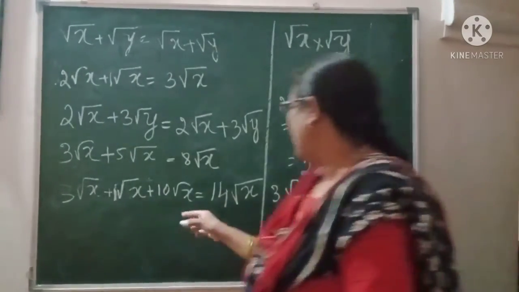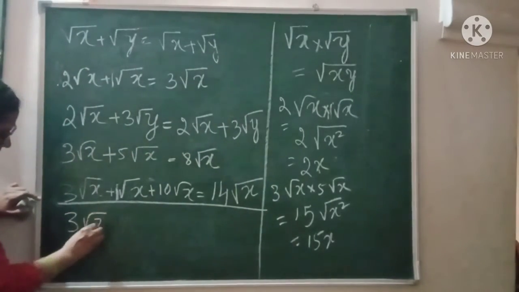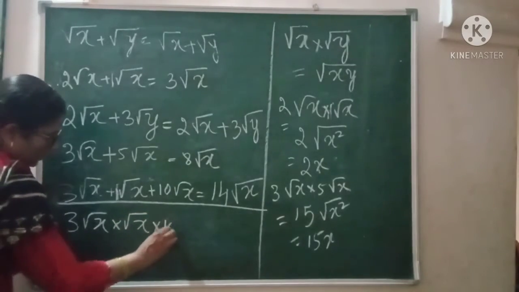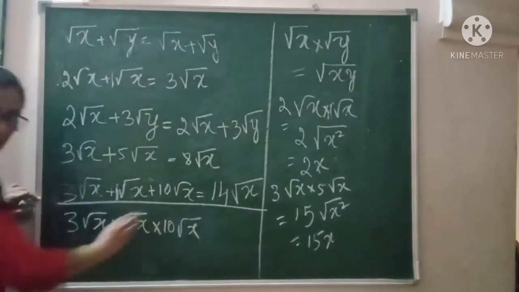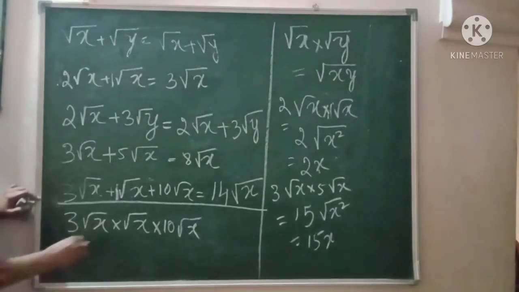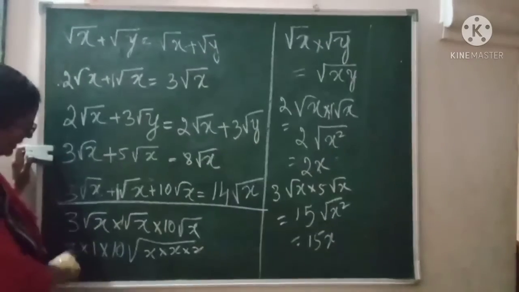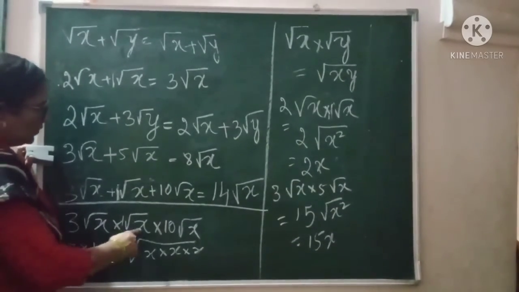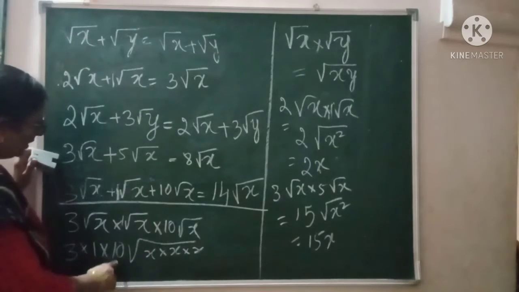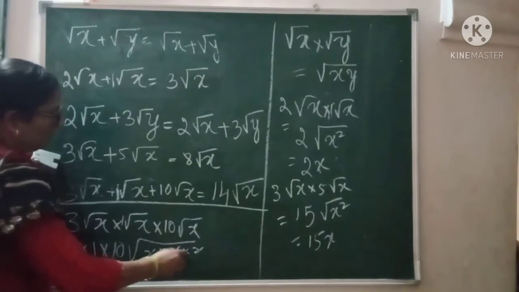Okay. Now this one I go with multiplication. So look at this one. 3 root x into root x into 10 root x. If you get confused, you can multiply 3 into 1 into 10. In 3 root x into root x into 10 root x, you are writing 3 into 1 into 10 root of x into x into x.